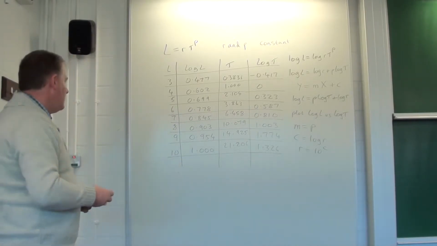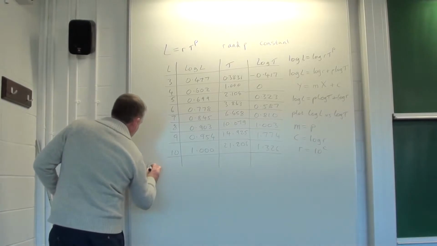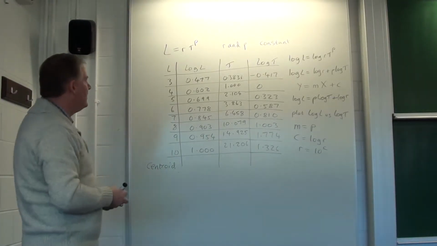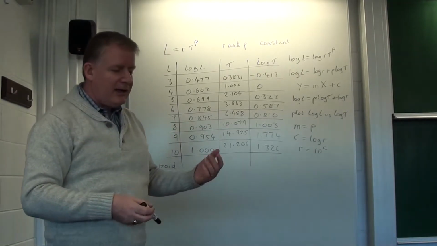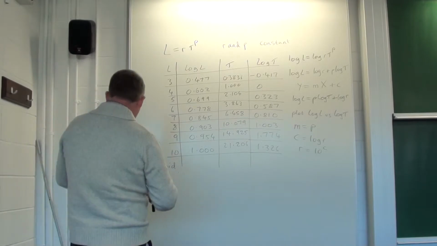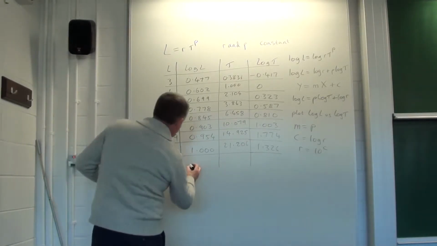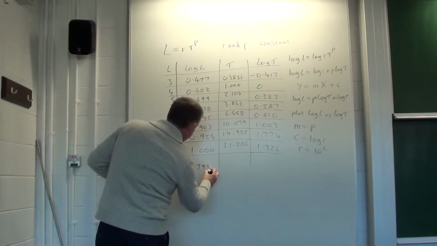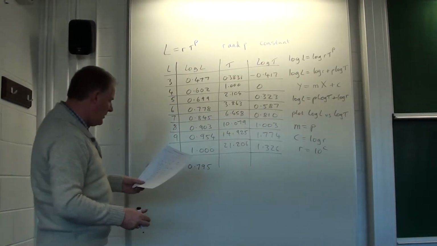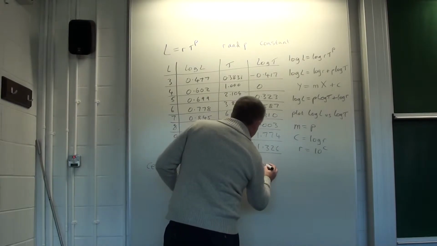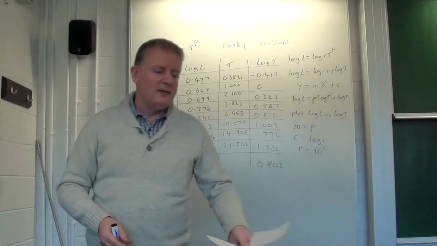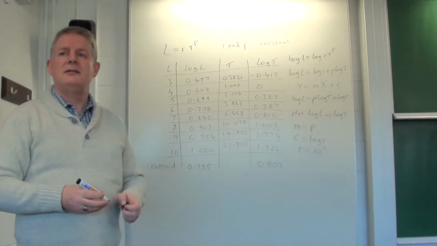So a centroid for log L: the sum of log L divided by 8 gives me 0.795, and the sum of log T divided by 8 will give me 0.802. So our best fit straight line will pass through that centroid.